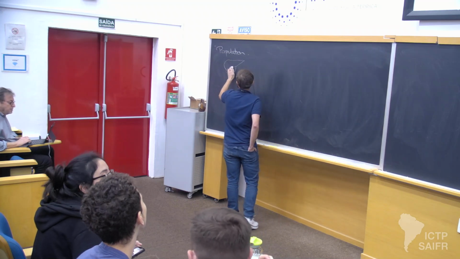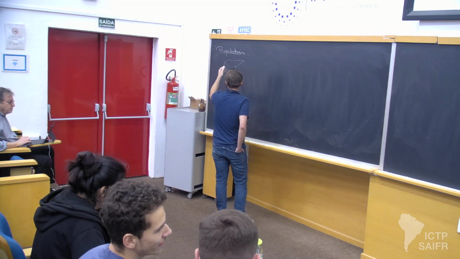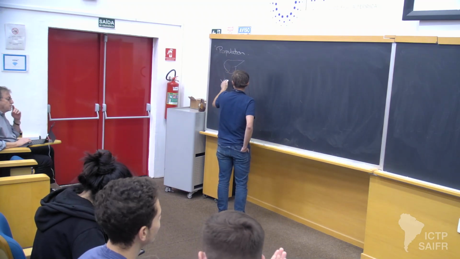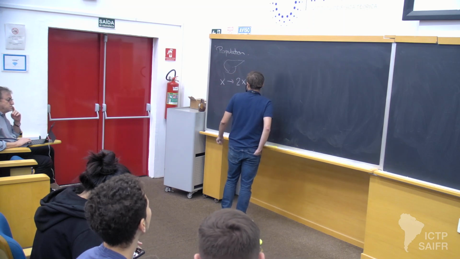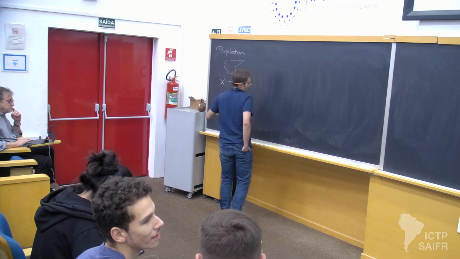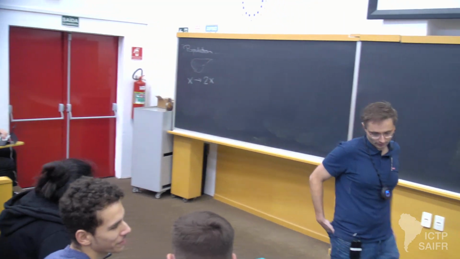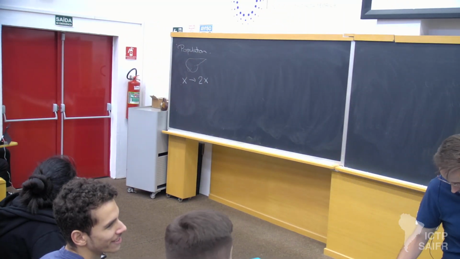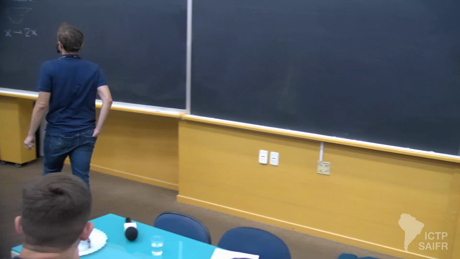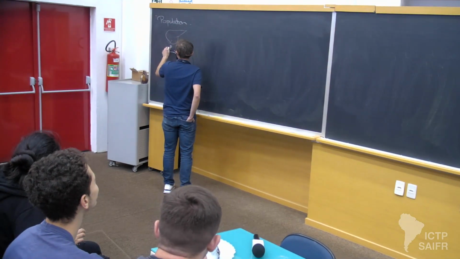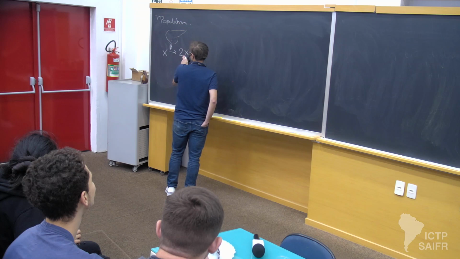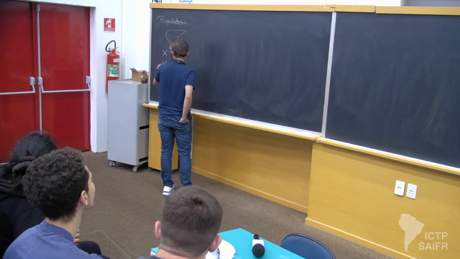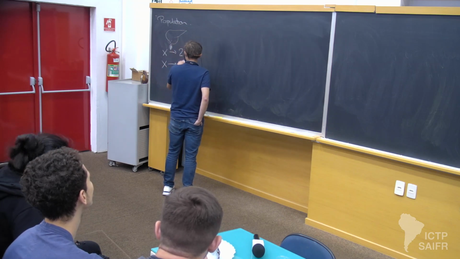And in this island, I have my population, and I have this species that is following the birth-death process. Let me see which letters I use for the rates in the notes. Beta. So basically, these animals will reproduce at rate beta. They will die at rate delta.